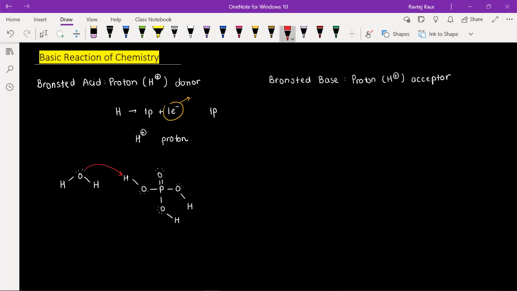So this bond is going to break and the electrons are going to shift onto the oxygen. And we result in hydronium ion and the negative H2PO4.